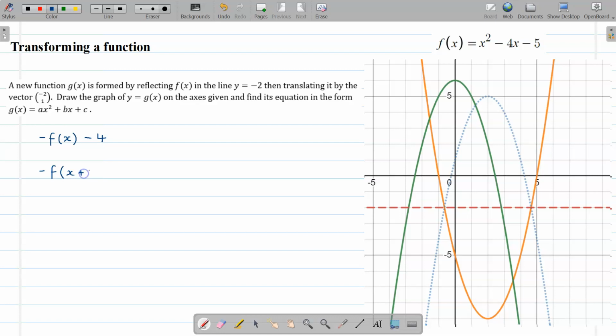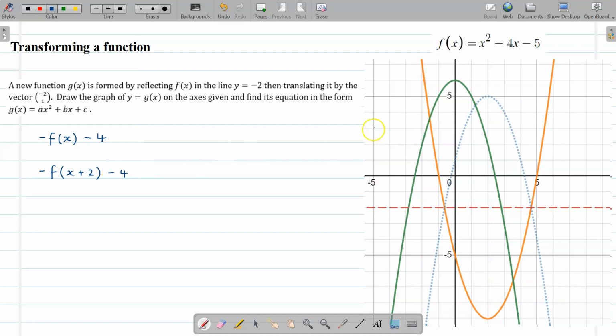Because when you move the function horizontally, you have to put the number with the x, and it's usually the opposite of what you expect. So if you expect to move left, you would be putting +2. And we've still got our -4. So that's now moved it across 2 places.